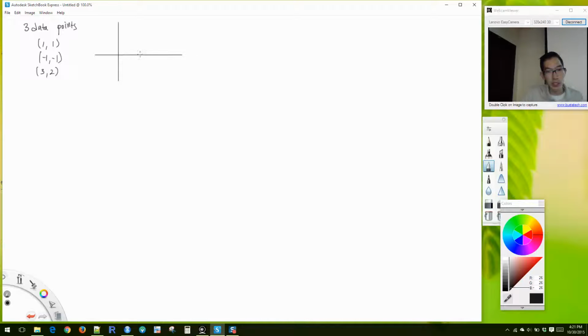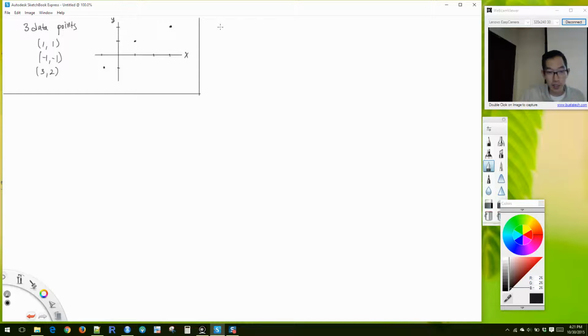So in regular xy space, we have data points at -1, -1, 1, 1, and then 3, 2 right here. Okay, and we're trying to fit what line fits this best. This is what we're trying to do. Okay. All right, so I'm going to try to draw this in three-dimensional space. I'm going to do a terrible job here, so forgive me, please.